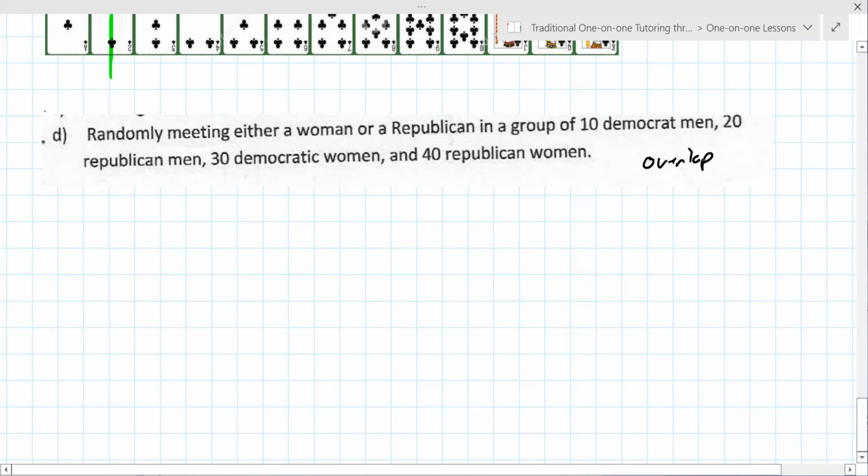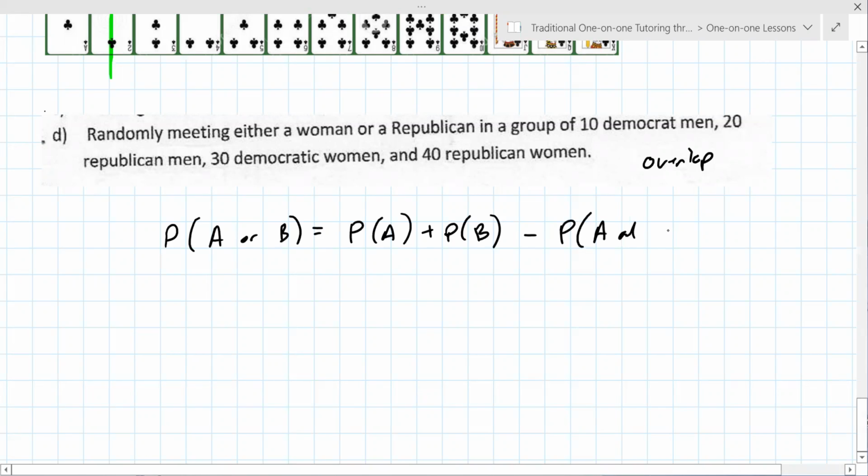So the other way to do this when you don't have a picture or you can't do that. Sorry about that. So probability of A or B equals the probability of A plus the probability of B minus the probability of A and B. Did you see that in class or in your notes somewhere?